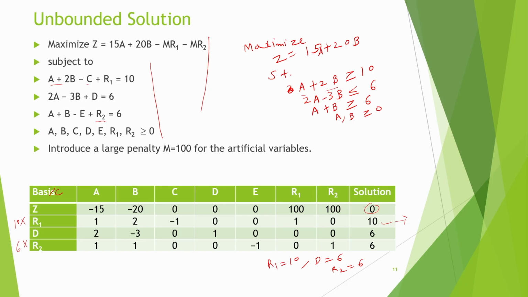Then it will become consistent. That means 10 into this one. Basically it can be multiplied, rather not by 10, you multiply it by M. So MR1, this is by M. Suppose you multiply 10M, 6M, so here it will become 16M, and like that everywhere it will go. I am taking M equal to 100, so it will become 1600.